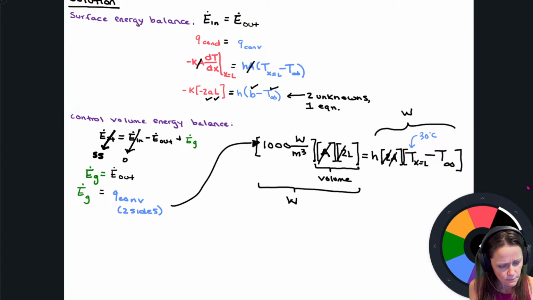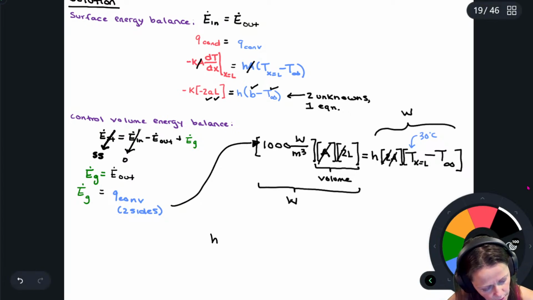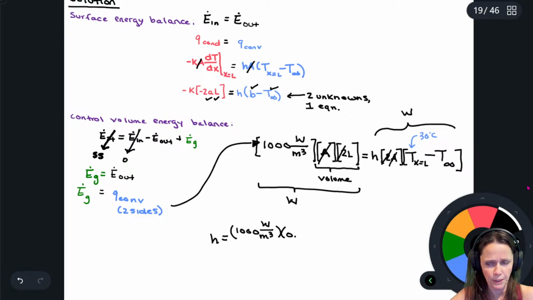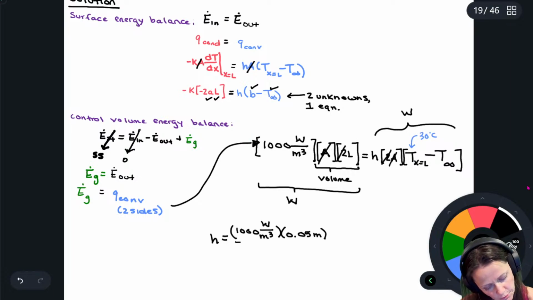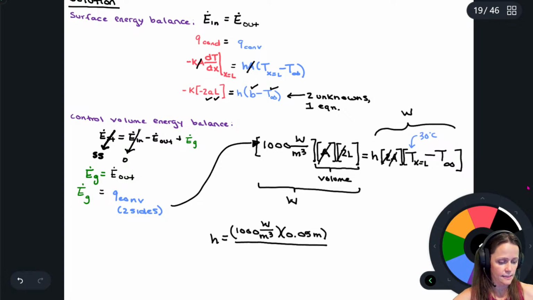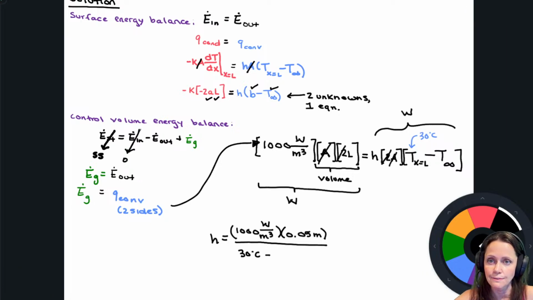So now we're left with H equal to 1,000 watts per meter cubed times L, which is 0.05 meters, divided by T at x equals L, which is 30 degrees, minus T infinity, which was 20 degrees.